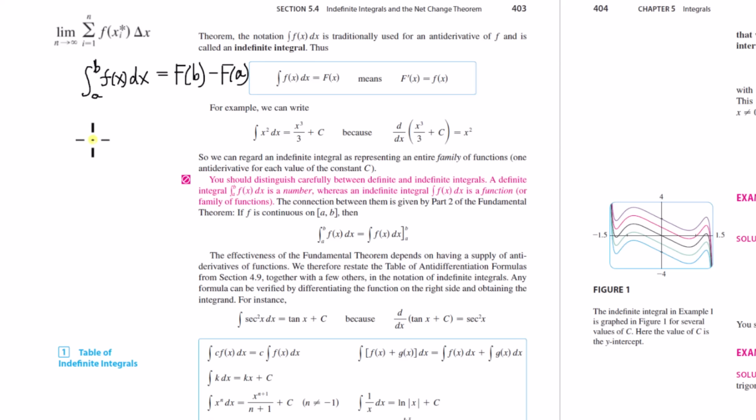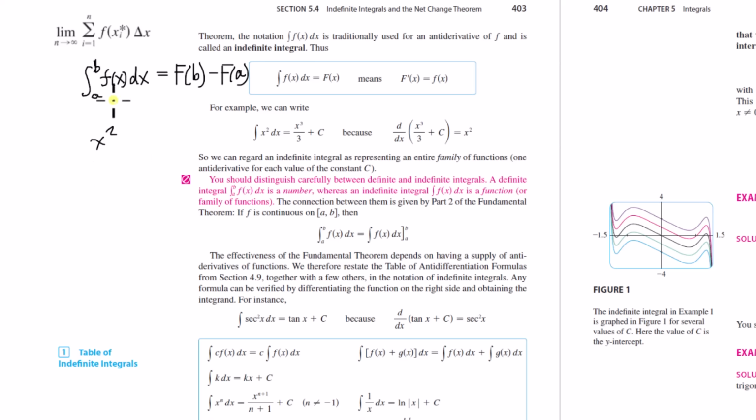What I mean is, if we want to say find the derivative of x squared, how do we say that? Well, there's different ways, but one way you could write it is like this. This means find the derivative with respect to x of x squared. But at the time, there was no way to write find the antiderivative of x squared.